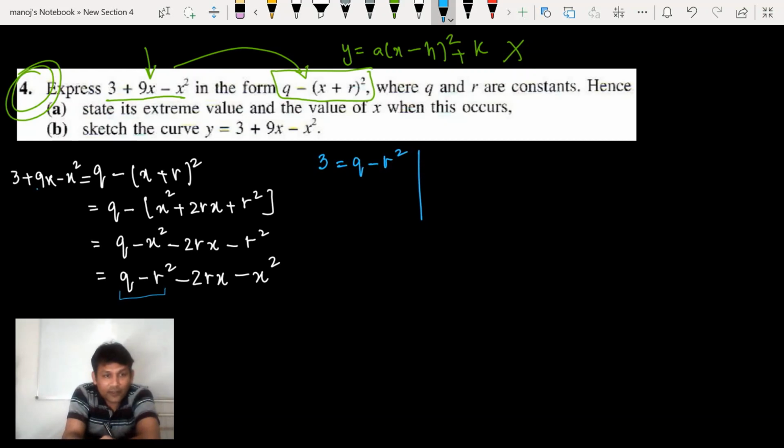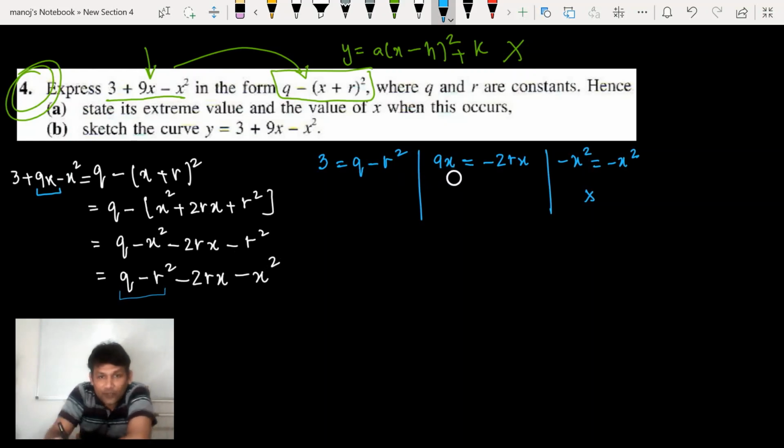Then this 9x is equal to minus 2rx, and third, minus x squared is equal to minus x squared, and that is equal. We don't need to use it, but I want to. Okay, x and x cancel out, so 9 is equal to minus 2r, and r is equal to minus 9 upon 2, which means 4.5, or better write 9 upon 2. Okay, 9 upon 2.